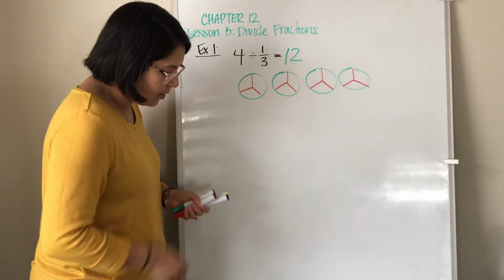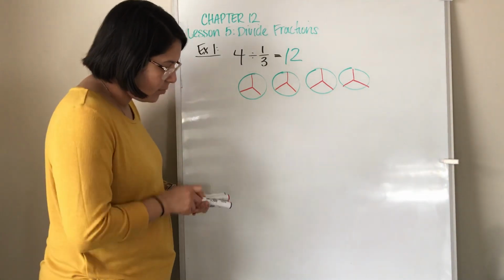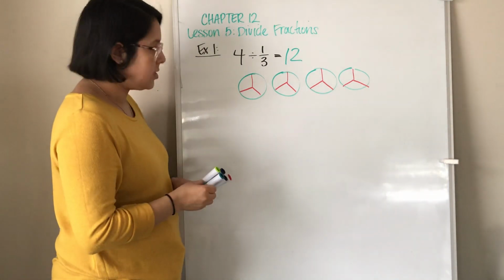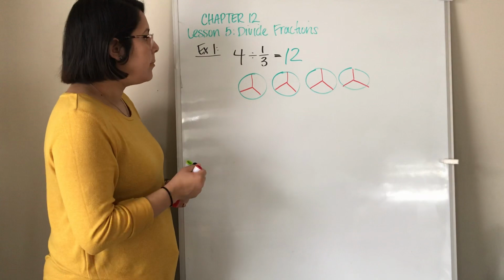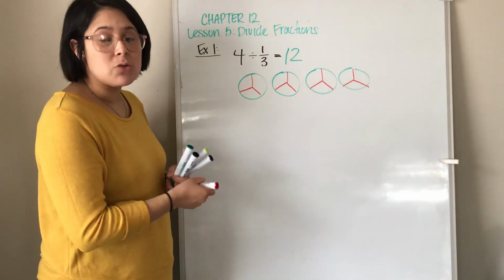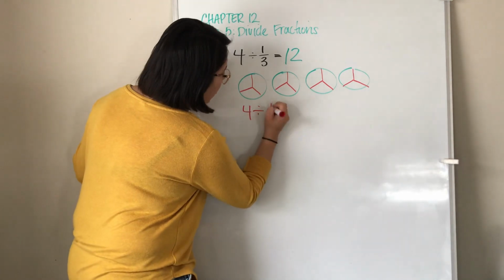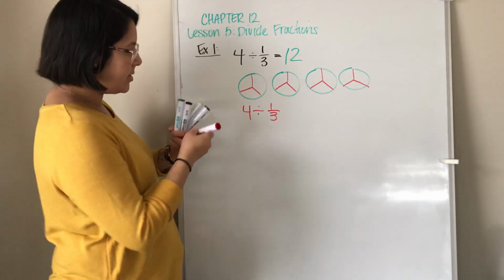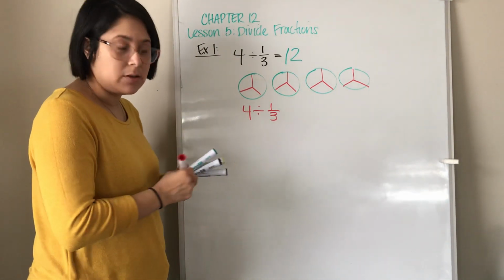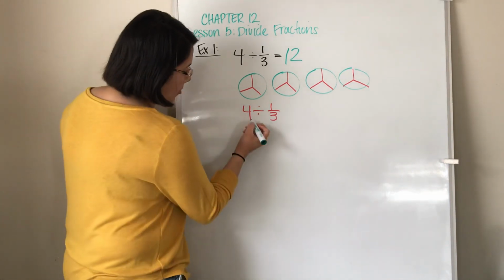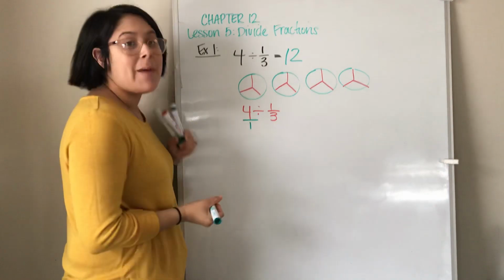So let's do another example. This point really quick was just explaining to you what the picture looks like. Now let's do it using the steps. So if I have 4 divided by 1/3, step 1 was what? Well, first of all, I have an imaginary what right here? I have an imaginary 1.